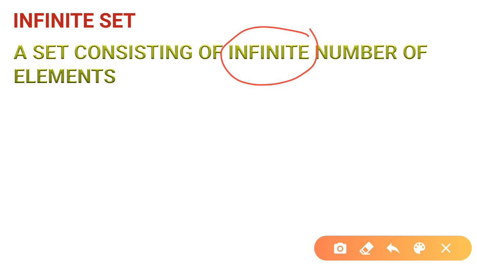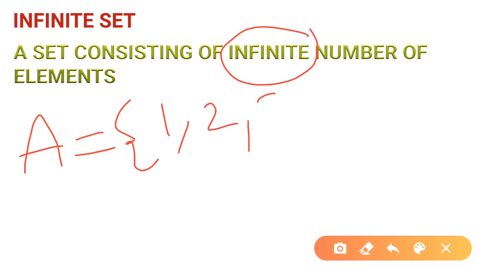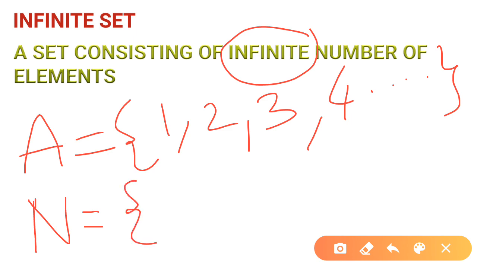Just now I gave 1, 2, 3, 4 and dots, which is an infinite set. Otherwise we have many examples. The natural numbers are also an infinite set, and Z, the integers, is also an infinite set.